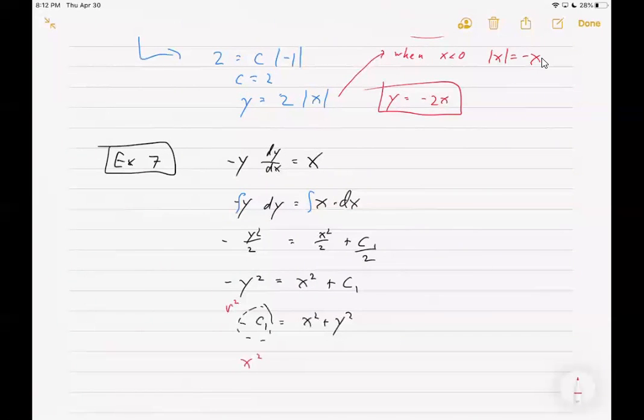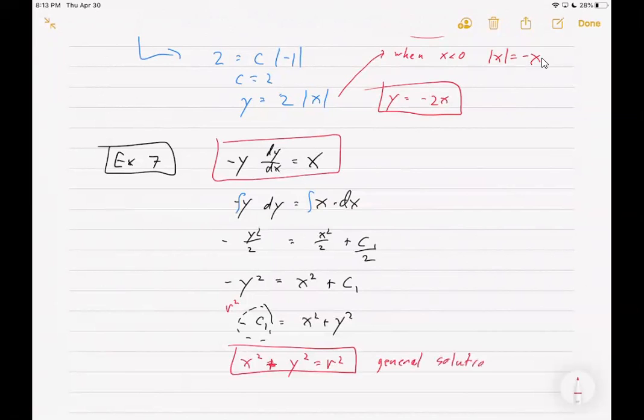This would be the equation of a circle where x squared plus y squared is equal to r squared. So when we look at this differential equation, it's not so obvious, but the solution to it is a circle. So the general solution is a circle, and then if we gave an initial value that it had to go through, that would determine what the radius of the circle is, which would be the specific solution.